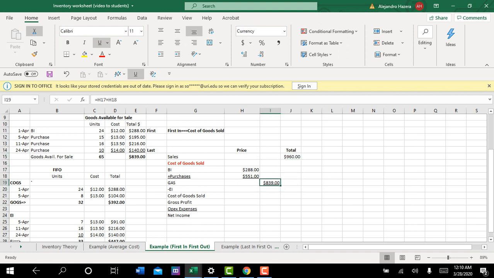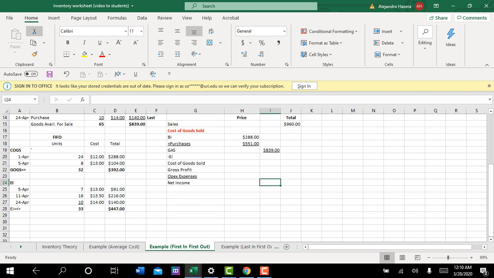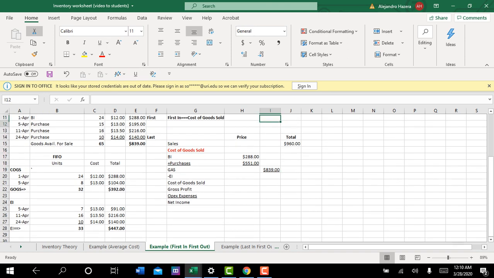Under this method, $839 is the total amount of inventory that we could have sold. Now we're going to subtract out our ending inventory, which is what we didn't sell. Our ending inventory under FIFO is right there. That's $447.